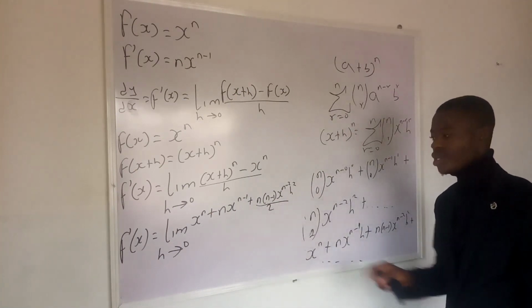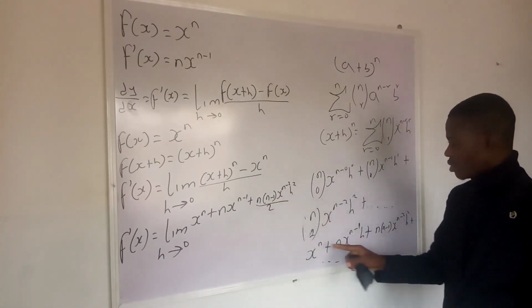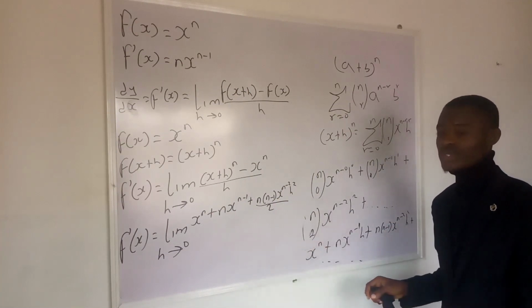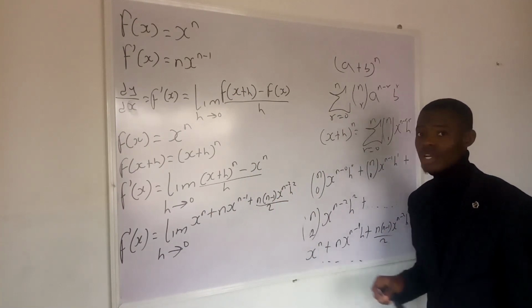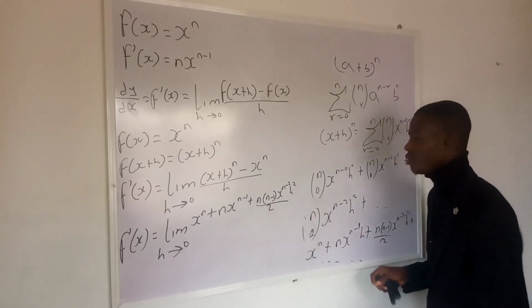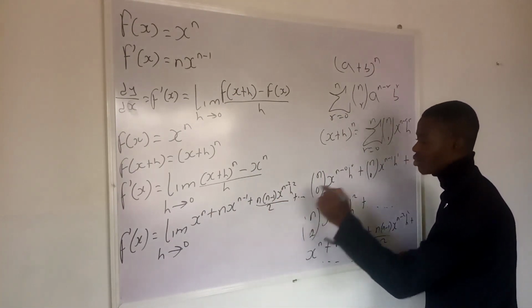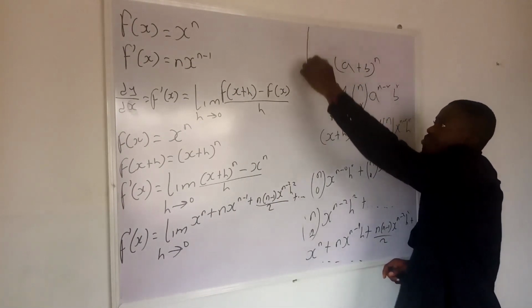It's divided by 2 because it's n combination 2, which has 2 factorial. Just keep that in mind. If you use the formula, you should see where the 2 is coming from. Now plus dot dot dot. Keep in mind, they are separated.